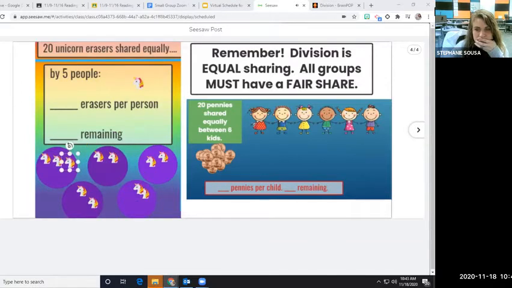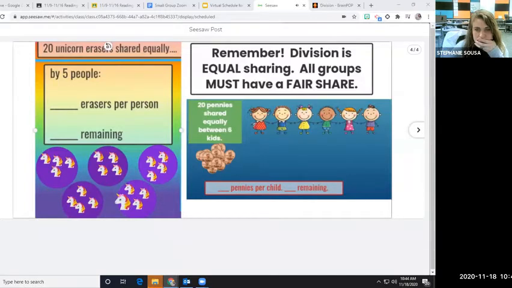And see how many we have in each group. And separate this out so this unicorn doesn't get confused. Okay, here we go. And there we go.